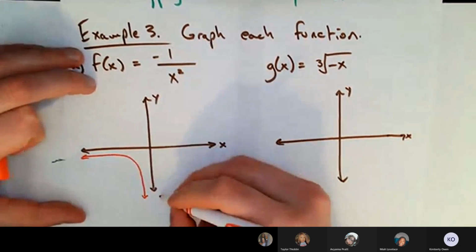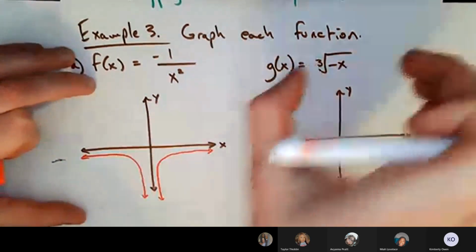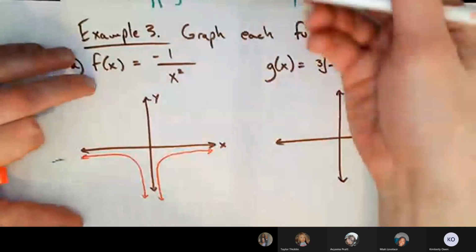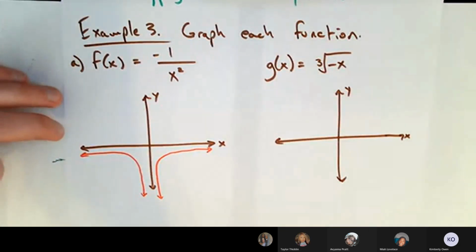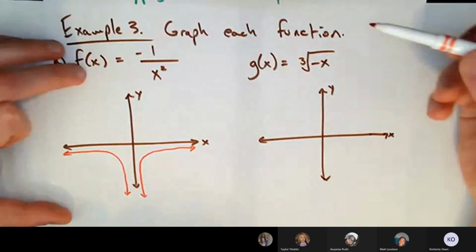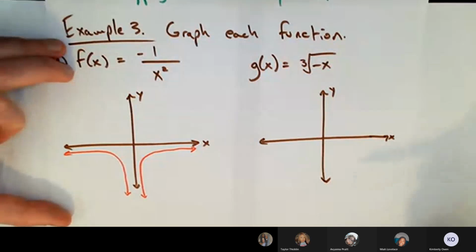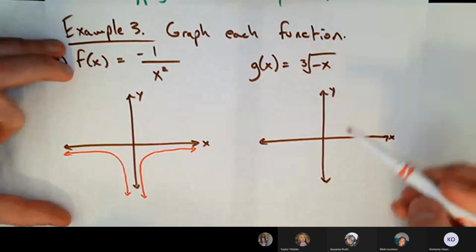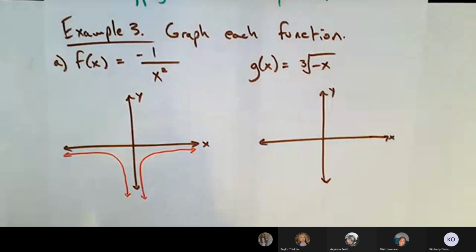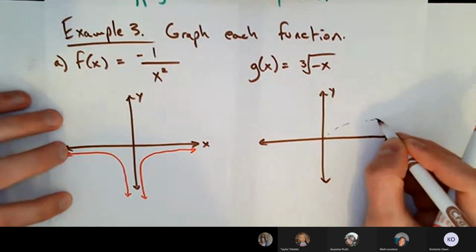Now you can only imagine how complicated this stuff gets when you start putting together shifts up, down, left, right, and reflections, right? So we will do some of those next time, I guess on Monday. All right, that's it for part A here, just flipping the graph over. Now, over here, I've got a cube root of x, which I'll write down just in case you've forgotten, but it's like that.